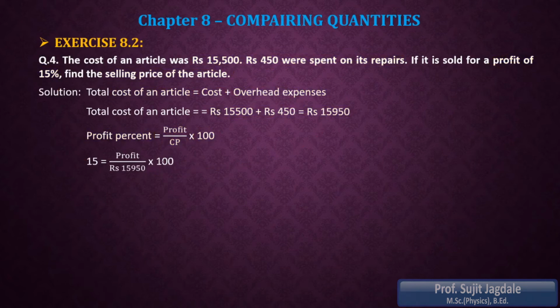So I am going to shift this 100 to the other side, and then 15,950 to the other side, and after shifting, the operation is going to be reversed, and I am going to get profit is equal to 15 as it is into 15,950 divided by 100. So that will be the multiplication.